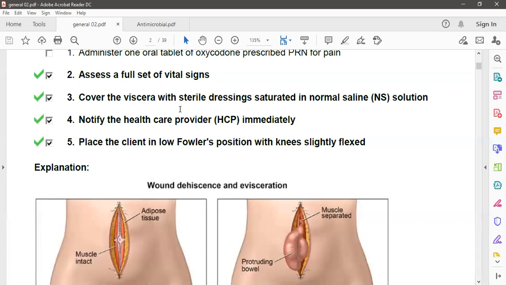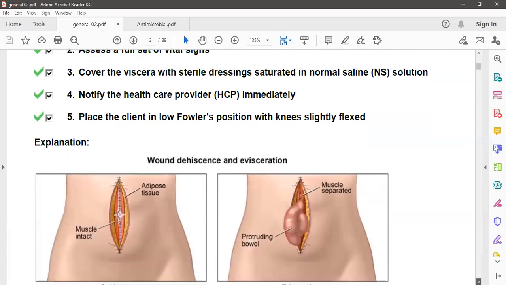Cover the viscera because it is already extruded. It came out, so it is always covered with a sterile dressing saturated with normal saline. So there are two benefits. When you cover it, the organ will not be exposed to the air or environment, and the saline also keeps it moist.